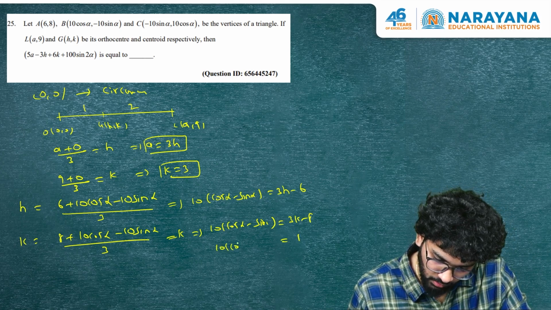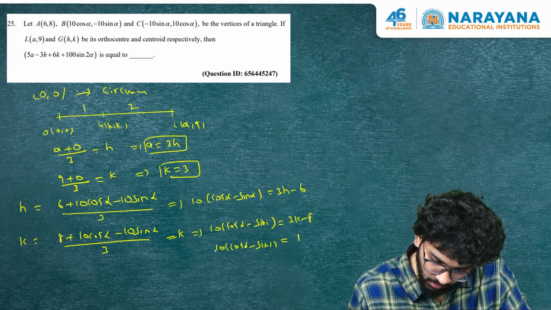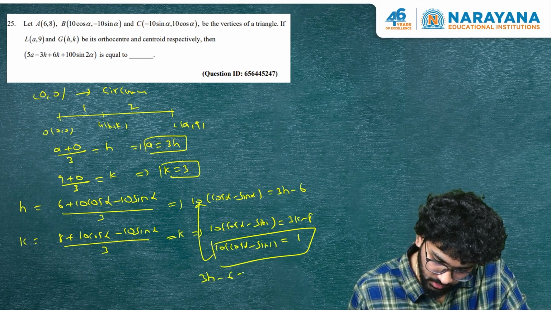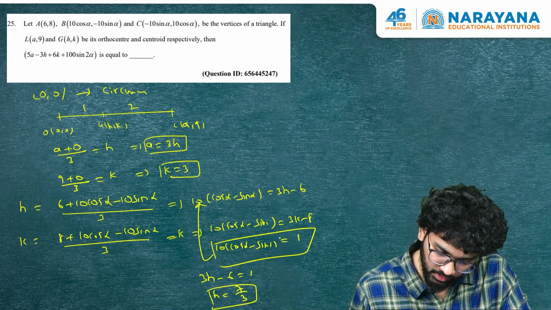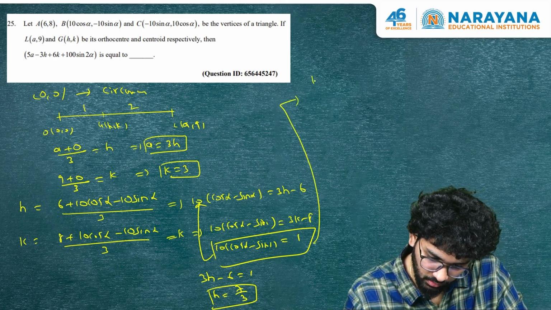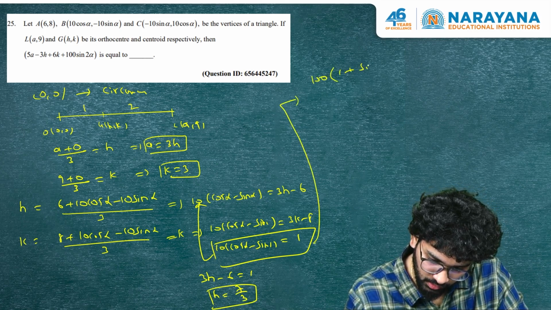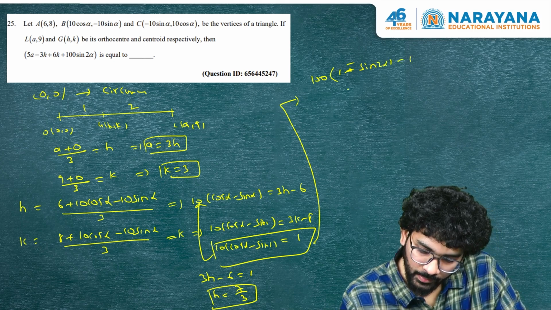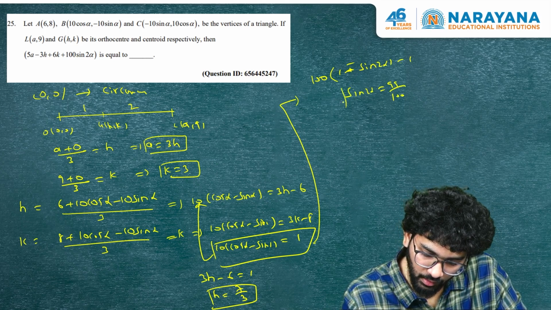So we got 10(cos alpha - sin alpha) equal to 1. If I substitute this here, we get 3H - 6 equal to 1, H is equal to 7/3. And if I square this, I get 100 times (1 - sin 2 alpha) equal to 1. So sin 2 alpha equals 99/100.